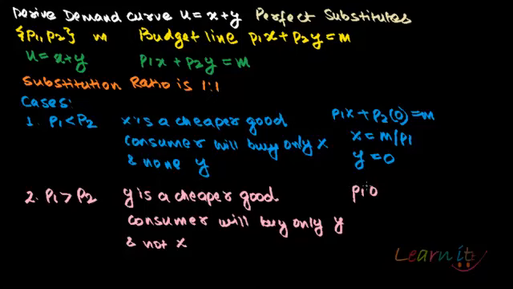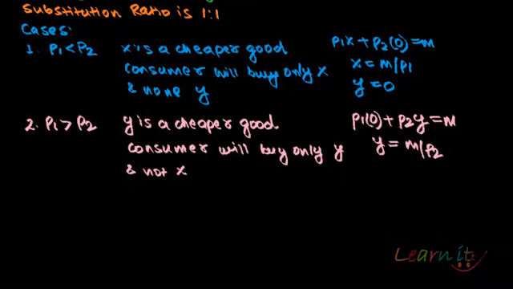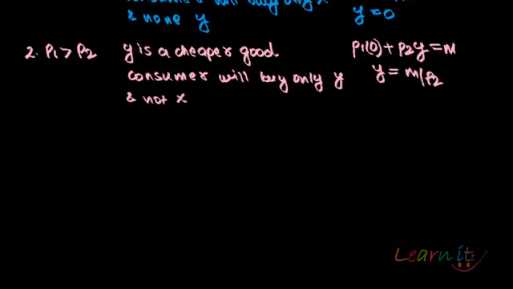P1 into 0, because he is not buying anything of X, plus P2y is equal to M. So Y is equal to M by P2. Clear?